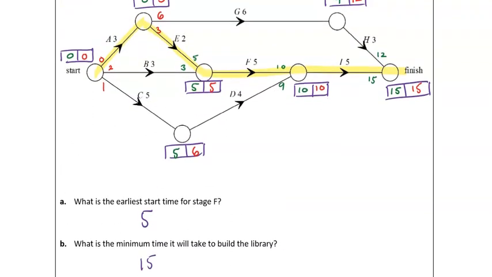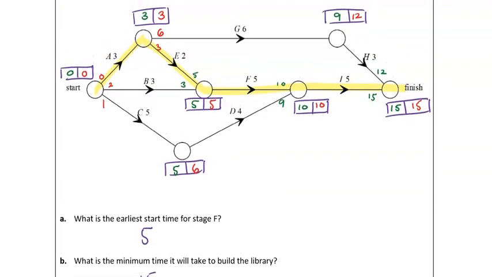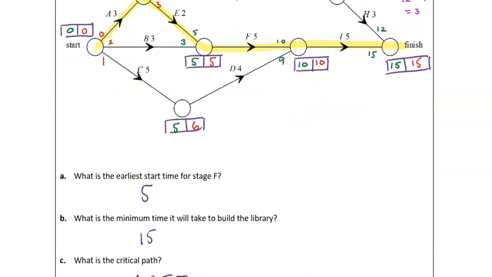We highlighted that: A, E, F, I. And what is the float time for stage H? Remember, your float time is your latest start time minus your earliest start time, 12 minus 9, 3.